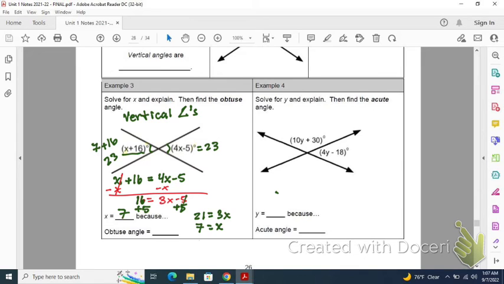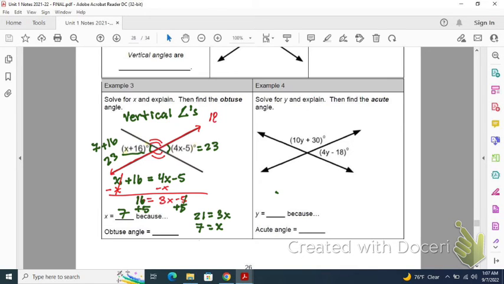So the obtuse angle is going to be this angle in red, which would be 180 minus 23. The reason why I did 180 minus 23 is because the green and the red have to add up to 180.